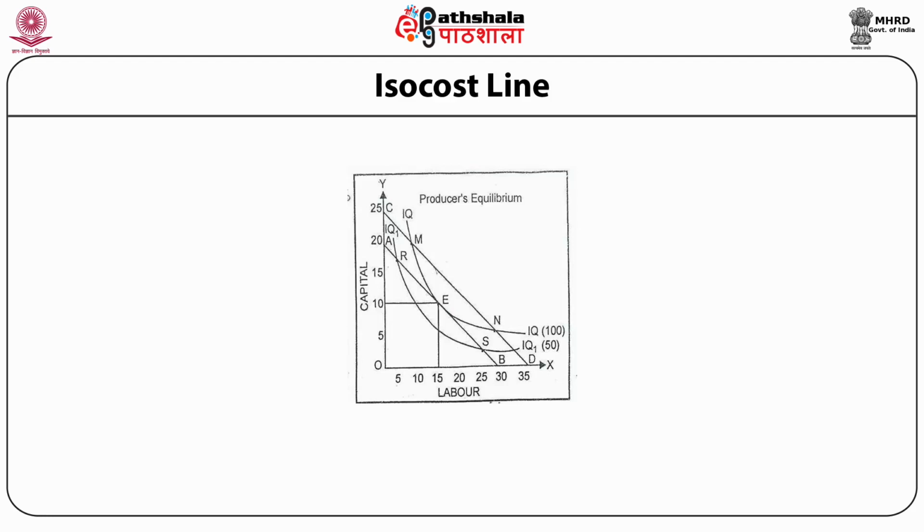He can either hire 30 units of labor and no capital or 20 units of capital and no labor. He will like to have an optimum combination of both the factors. The optimum combination is indicated by point E using 10 units of capital and 15 units of labor. At point E, isoquant IQ is tangent to isocost line AB.